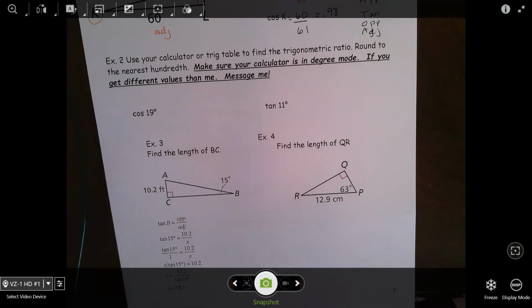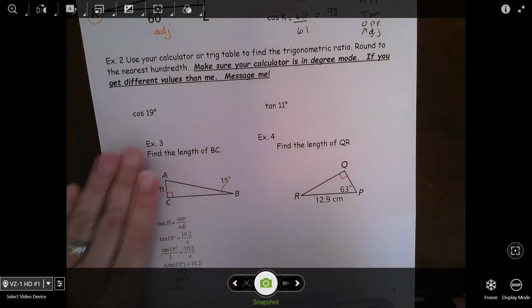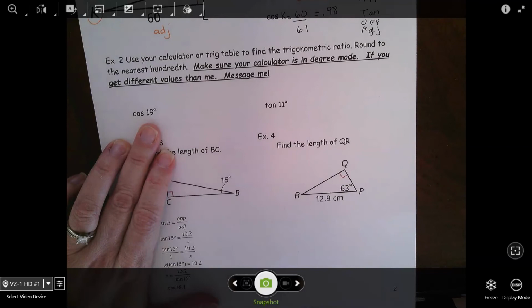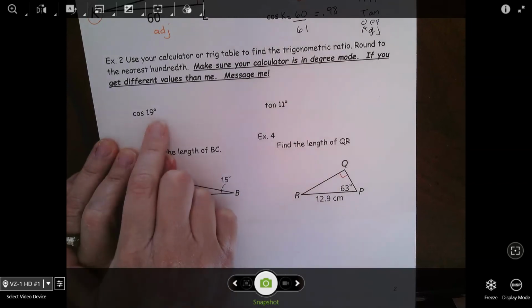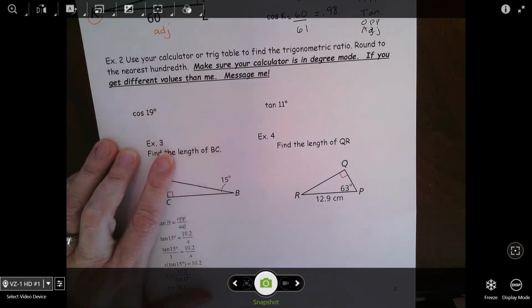Back in my day, there was this big trig table you would look up. But now calculators have trig values stored. So if I type in cosine for 19 degrees, it's going to give me the value for cosine of a 19-degree angle, which is the adjacent side divided by the hypotenuse.